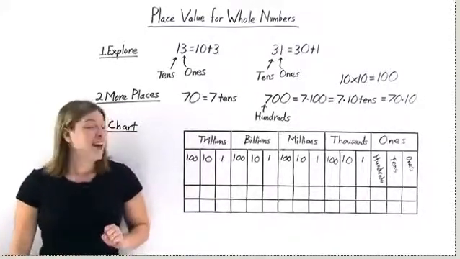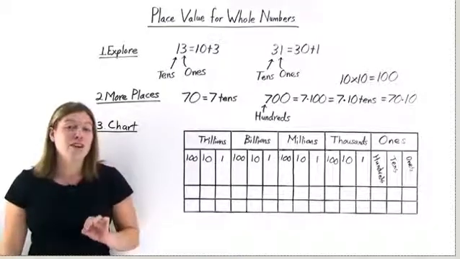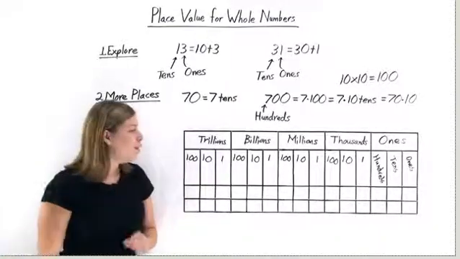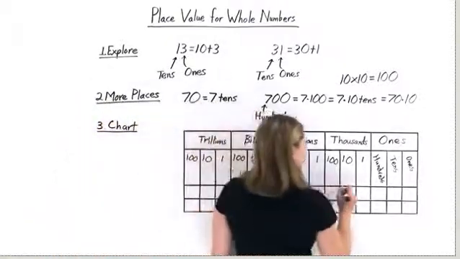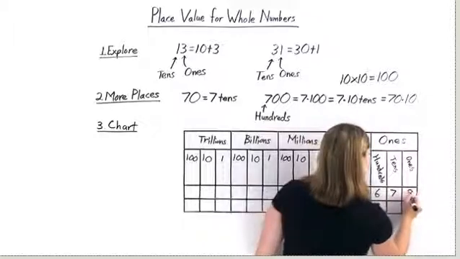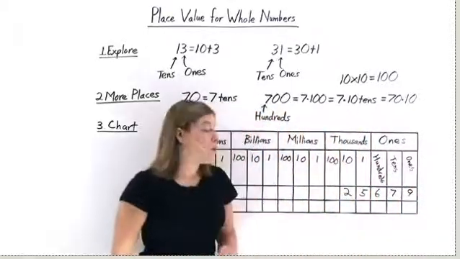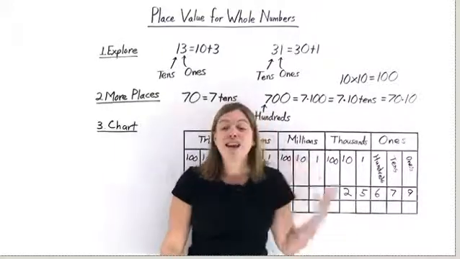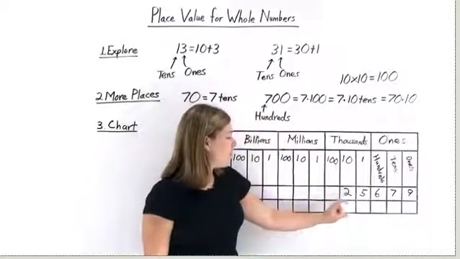Cool. Now, the place value chart is very helpful in seeing the value of different digits. So let's say we take a number. Let's take 25,679. Here, we put each digit in its own little box. And we can easily see the value for each of those.